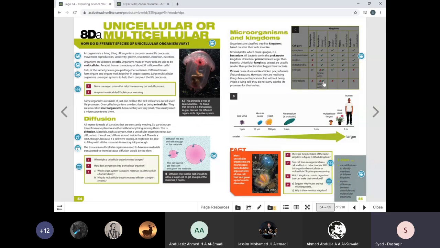Okay, so if we have a look at this table, it shows us that prokaryotes, for example bacteria, always remember, bacteria are prokaryotes. And they're all unicellular. That means they're made of one cell. It shows us here the different parts of the cell. So bacteria have cytoplasm and cell membrane. Do they have a nucleus?